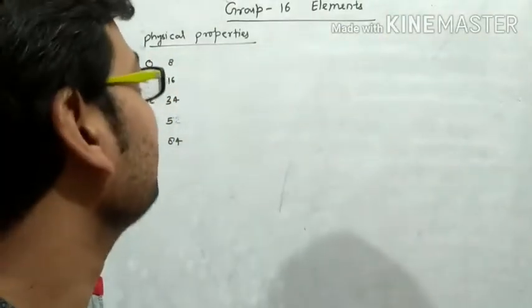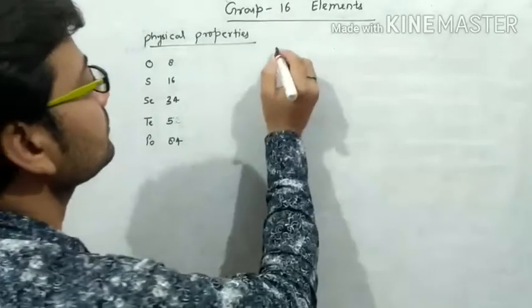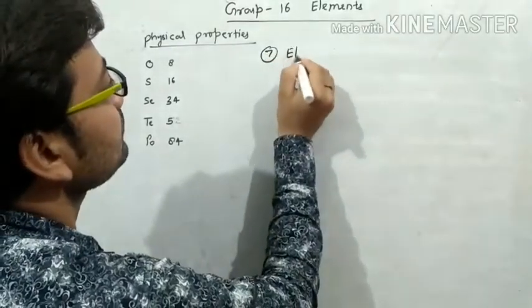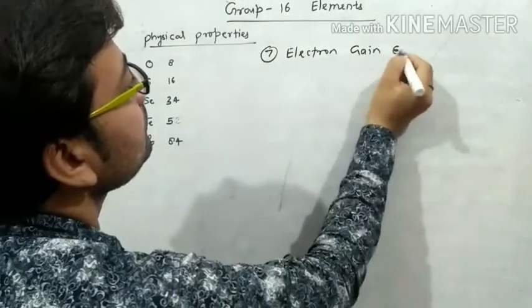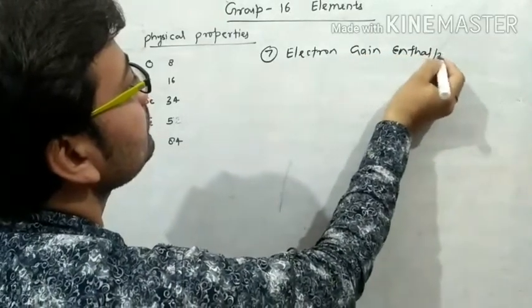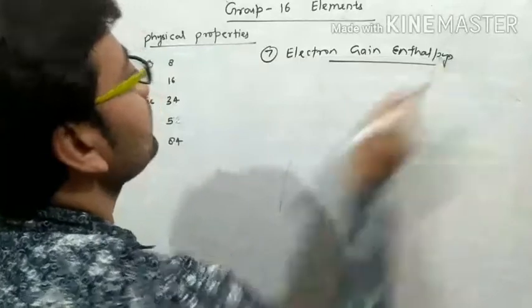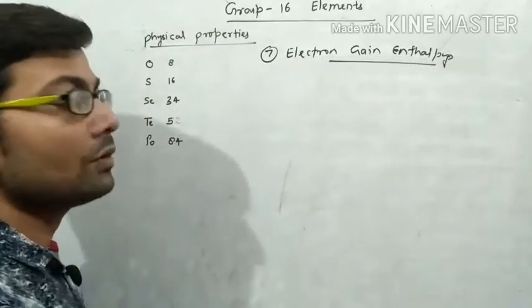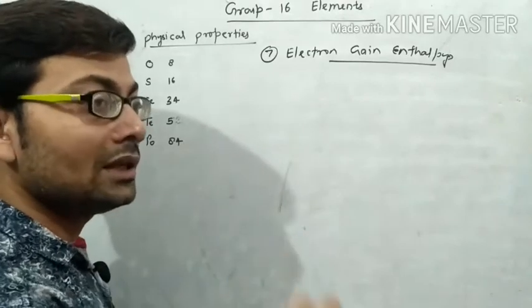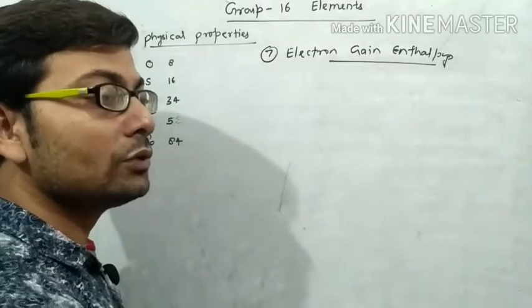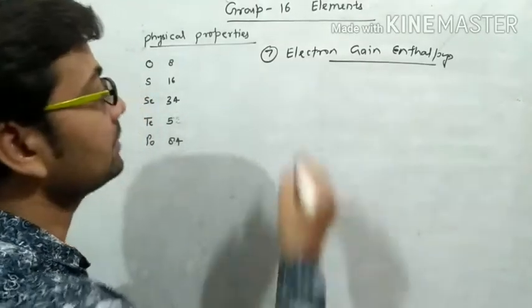Now the next physical property is electron gain enthalpy.